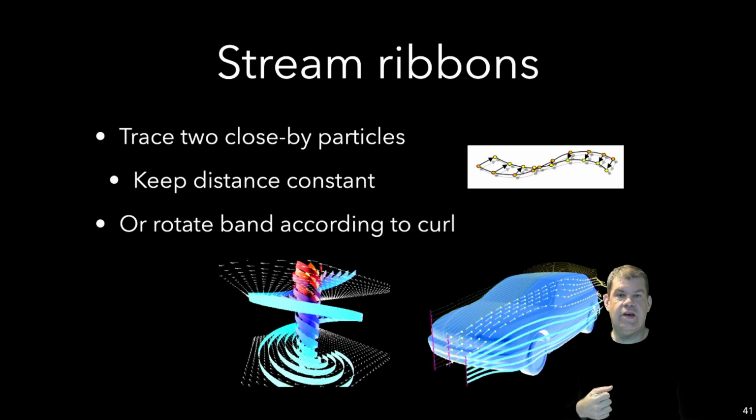There are different ways to compute these lines. One is to literally trace two particles and then connect them. You have to take care that those particles don't deviate from each other. So generally you trace two particles, and then at every step you force them around a common center to keep the radius. So that's one way of doing it. Another one is to compute the curl directly.